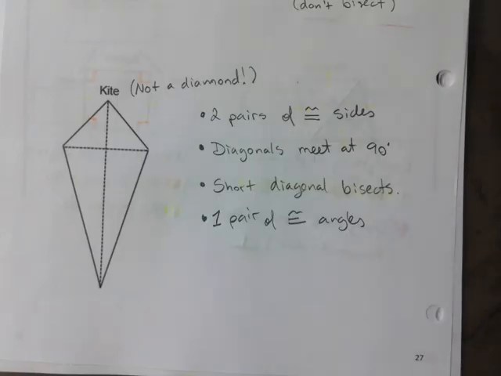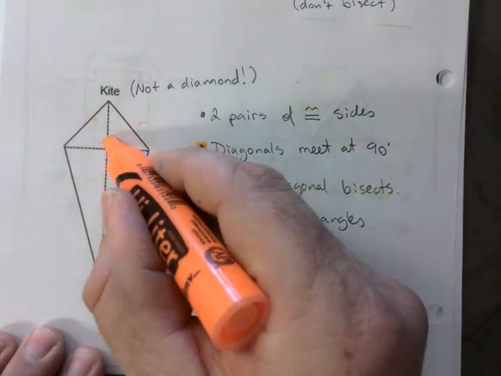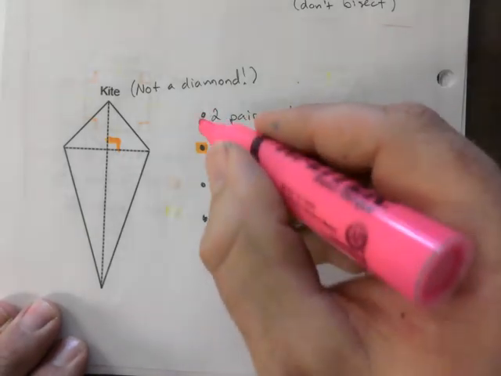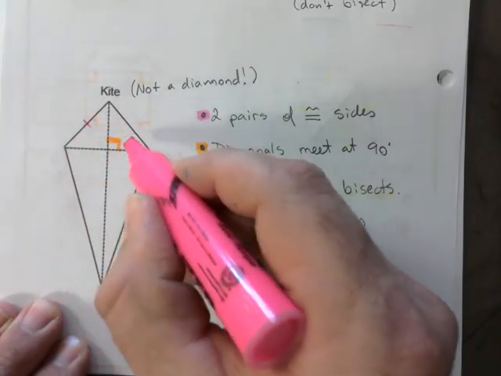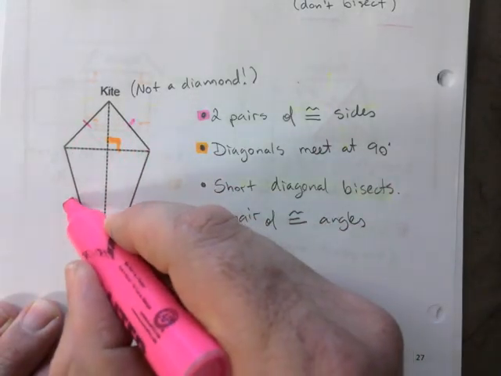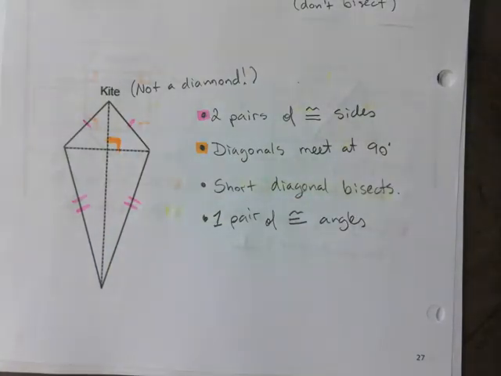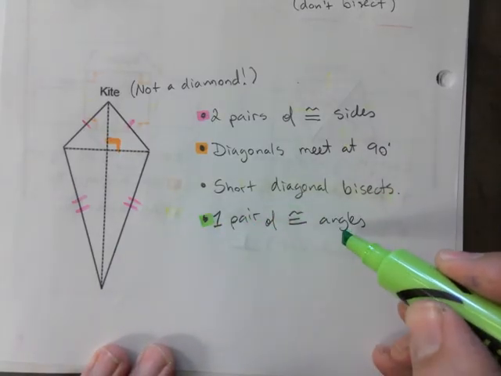So for diagonals meet at a 90, I'm just going to have that here. Two pairs of sides that measure the same. So you go, these two are the same, and these two are the same. One pair of congruent angles.